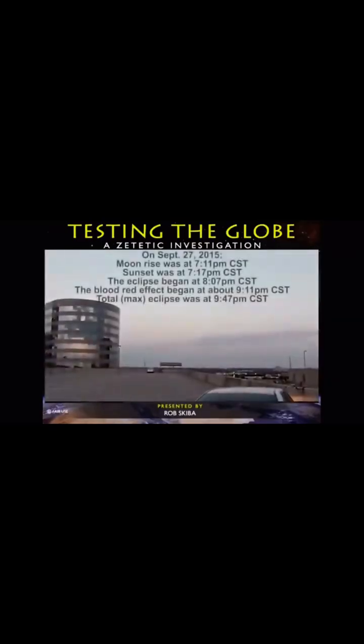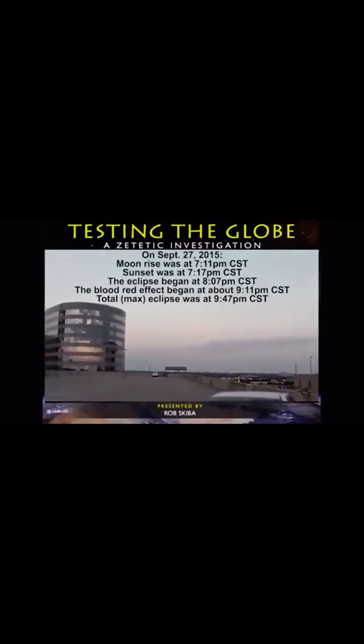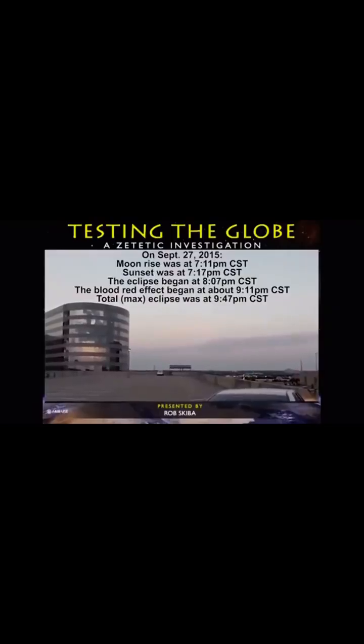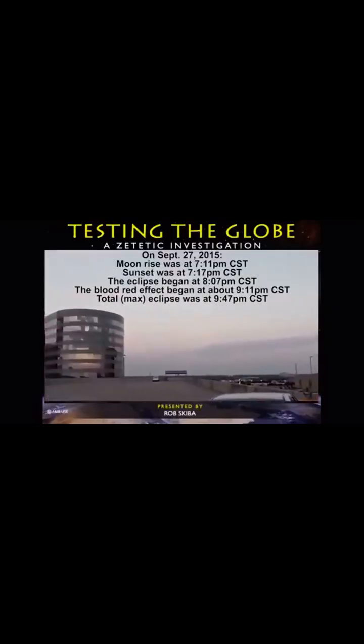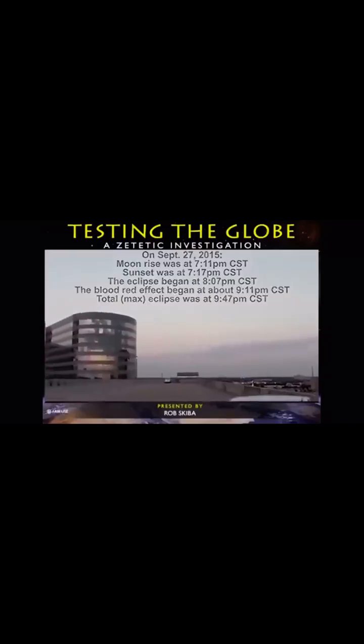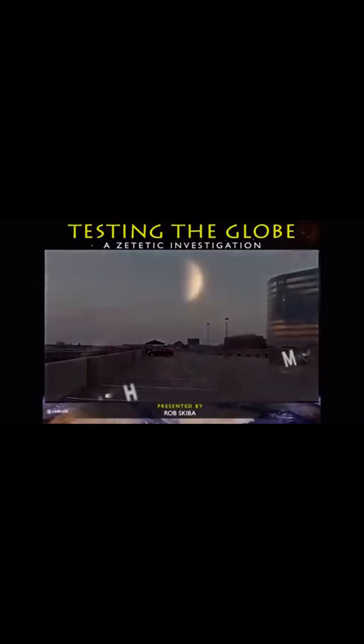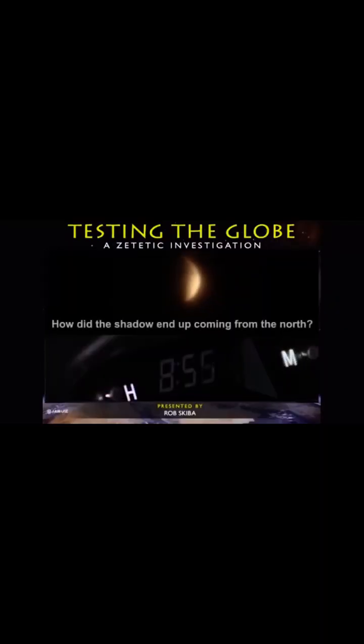It's where the moon popped up. The only problem is the sun had just set about an hour and 45 minutes earlier, right behind us, and yet the shadow was coming from this direction, which is north. How did the shadow from the Earth being cast by the sun, which set in the west, end up coming from the north?